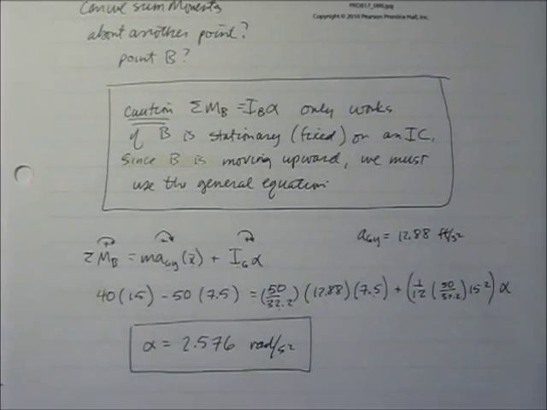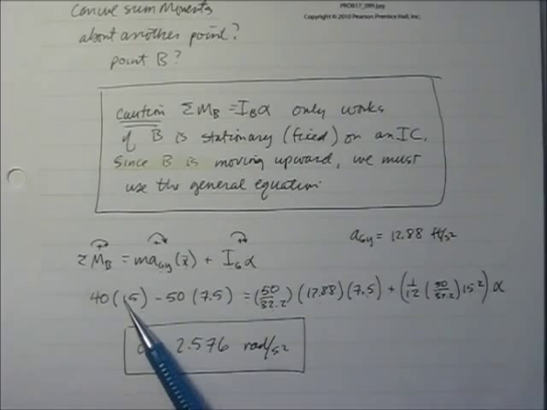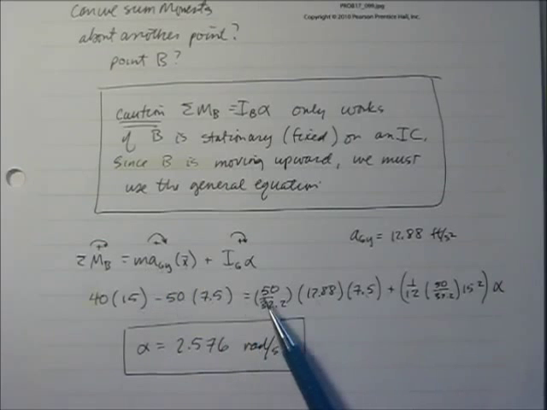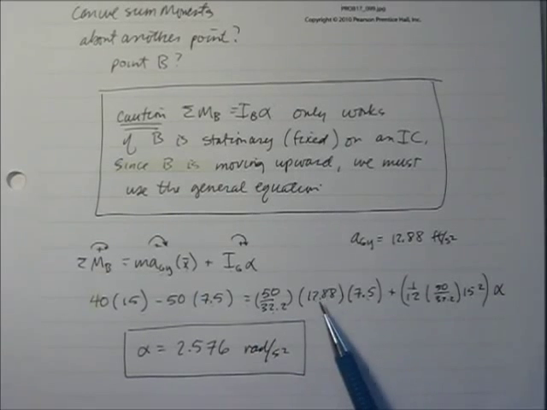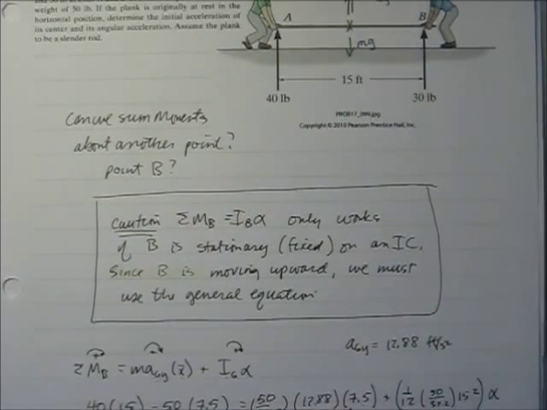All right, so let's look at our equation. Sum of the moments about B: 40 times 15, that's the lifting up force on the left side, minus 50 times 7.5. That's going to be the mg times its distance. That's going to be equal to my mass, 50 pounds, times the acceleration of G in the y direction I found from the previous work of 12.88, and the x bar is the distance from the center of gravity to there, that is 7.5.